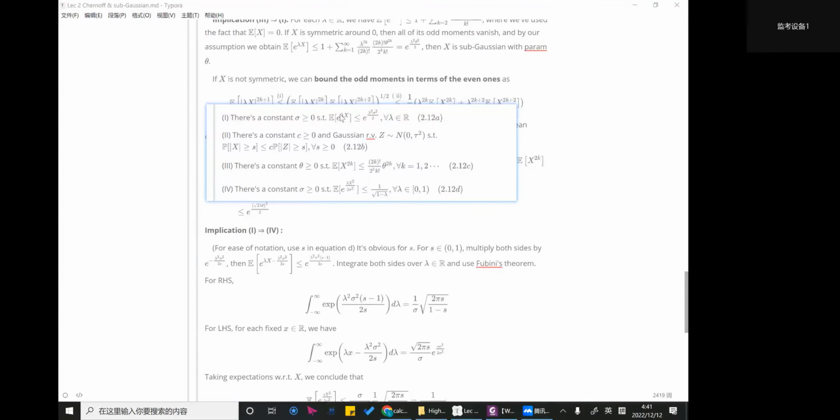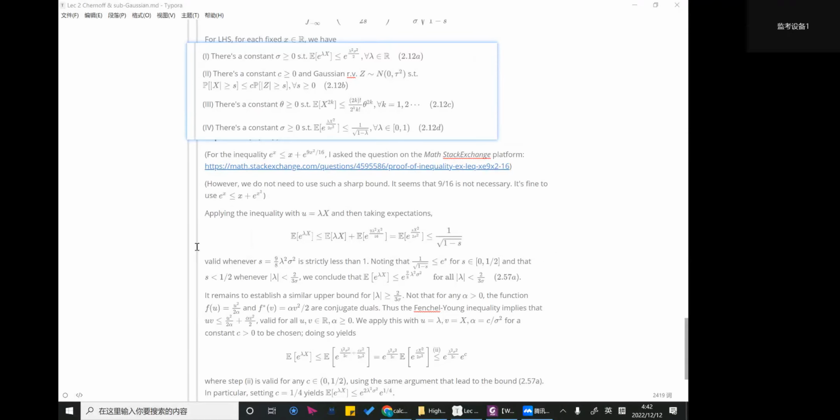And then by some calculation, we also split the range of s, or the parameters, into different cases. The first case is somewhat easy to prove, and in the second case you have to make some design. Here the author used the Fenchel-Young inequality.